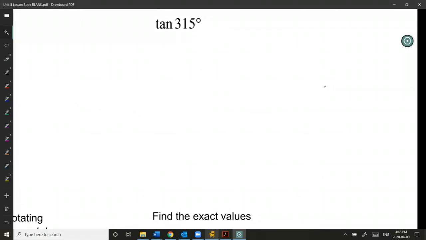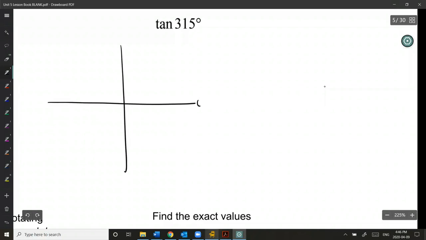Okay, tan of 315. So first step, draw the angle in standard position. So 315, starting at the initial arm, rotating out from here is about here.